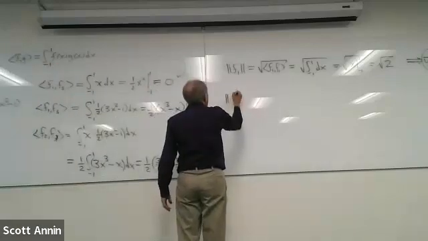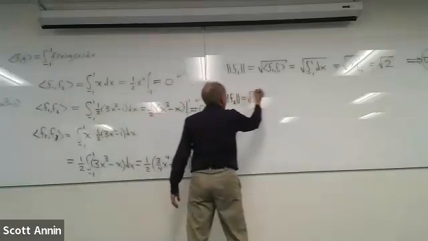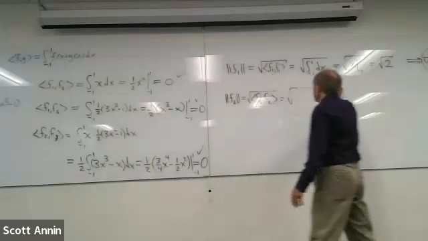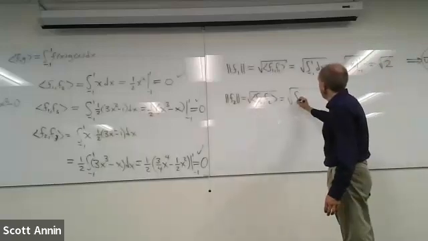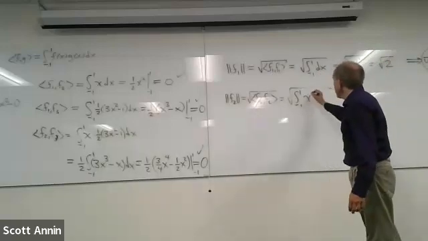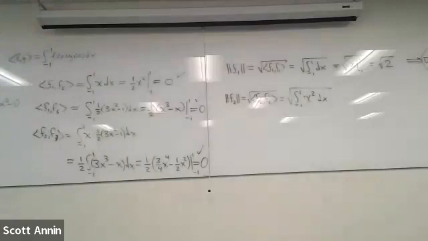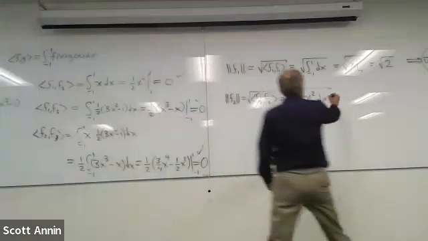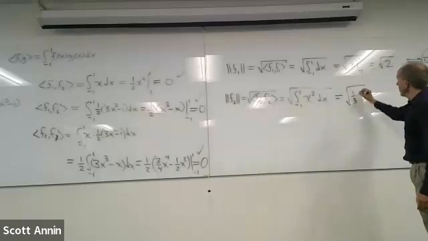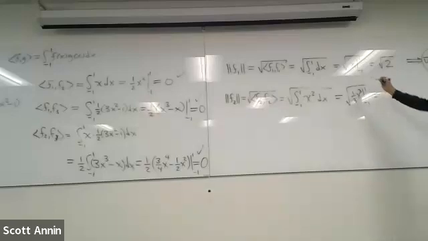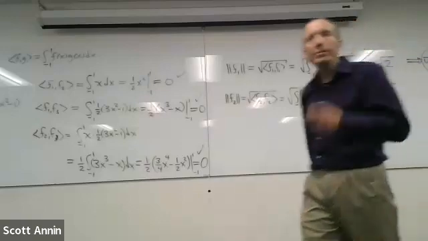Let's do the second one. So the norm of F2, just to practice one more time, and then I'll let you do the third one. Inner product of F2 with itself underneath that radical again. So here we have an integral from -1 to 1. x times x is x squared, so I have to integrate x squared dx. Again, an easy integral to do. I just get 1/3 of x cubed evaluated from -1 to 1. I plug in my upper limit and my lower limit, and I should end up with 2/3 underneath that radical.